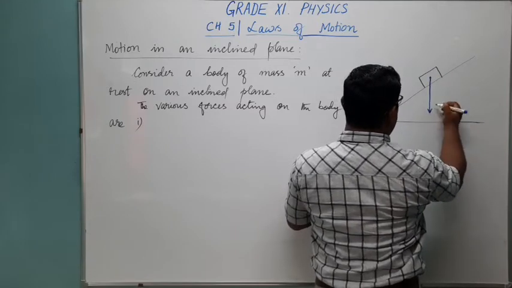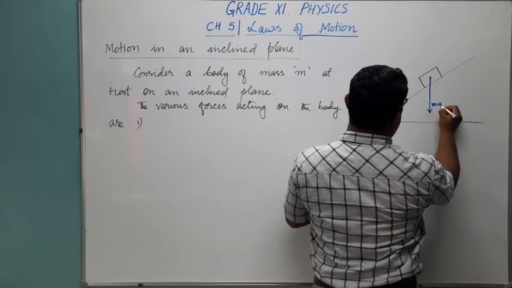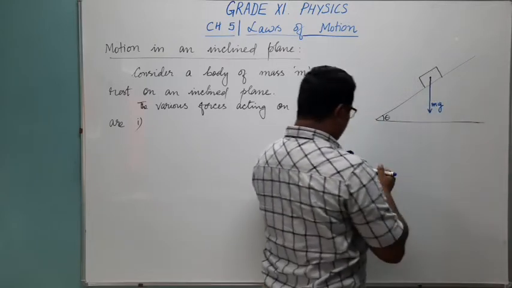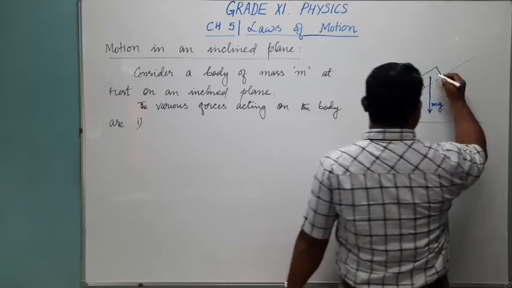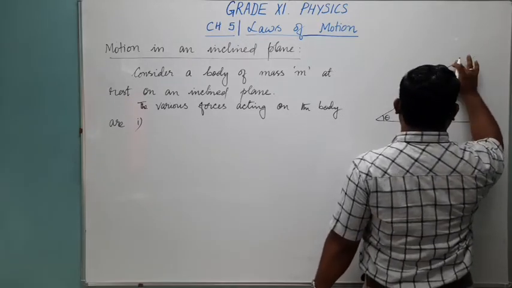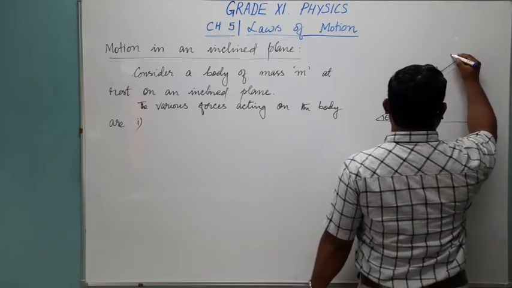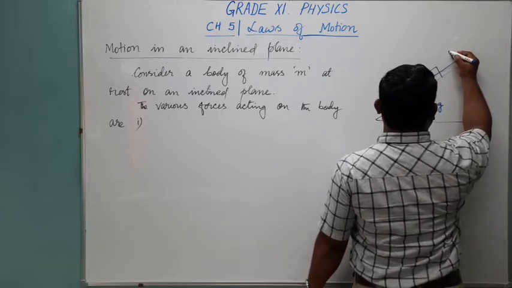This is the weight of the body, that is mg, acting towards the ground. The other force that will act on it is the force of static friction, we write it as Fs.